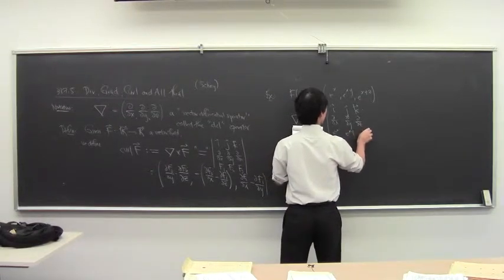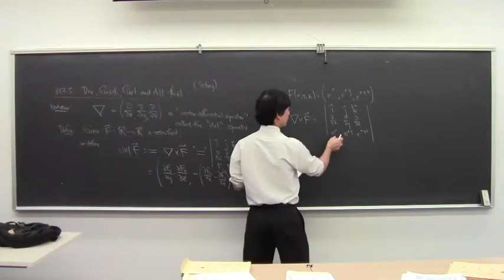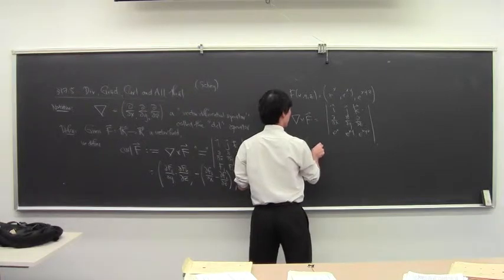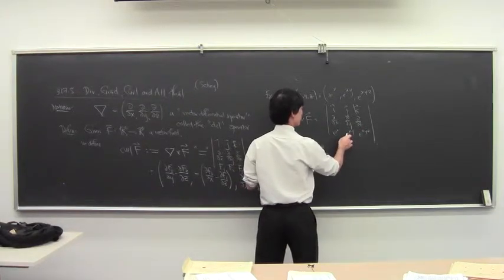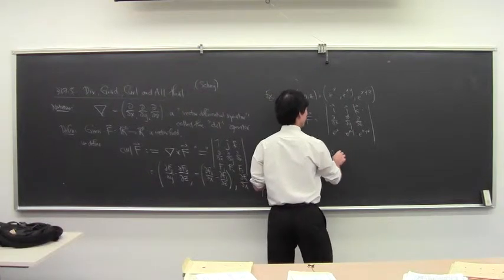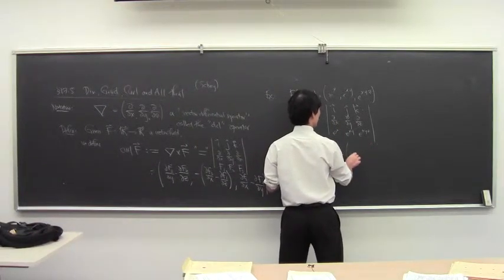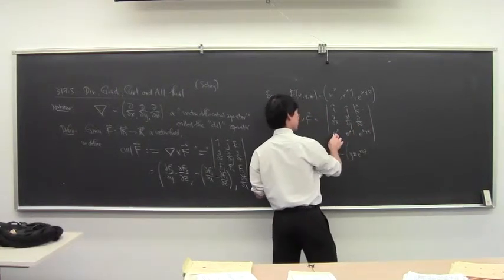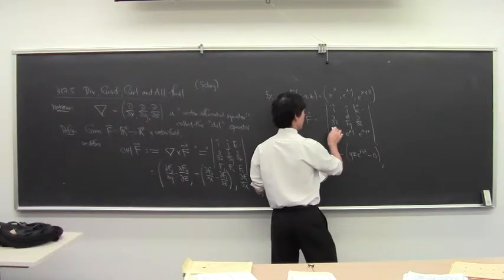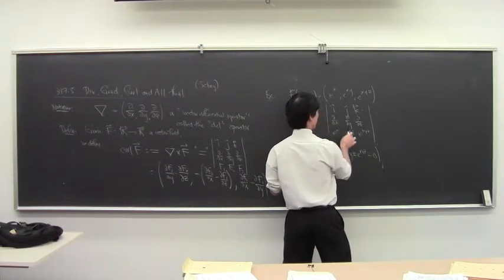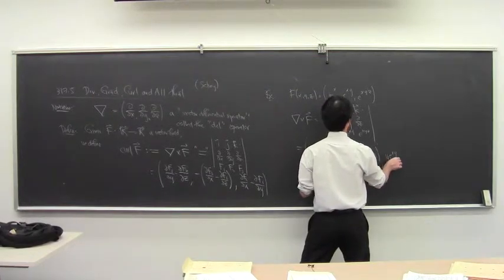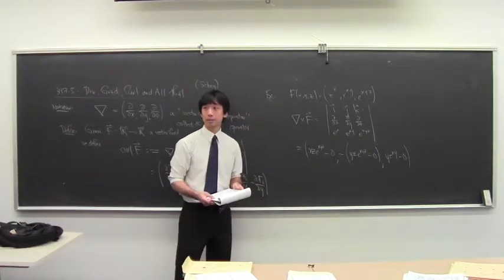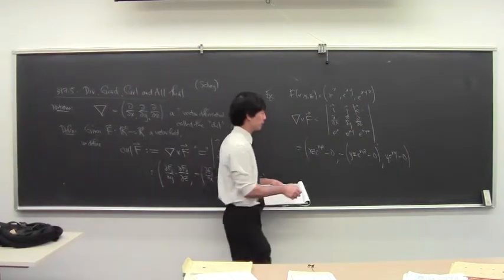You get the derivative of this with respect to y, which is xz e to the xyz, minus the derivative of this with respect to z, which is 0. You get negative the derivative of this with respect to x, minus this guy's derivative with respect to z, which is 0. And then you get d/dx of this guy, which is y e to the xy, minus d/dy of that, which is again 0.